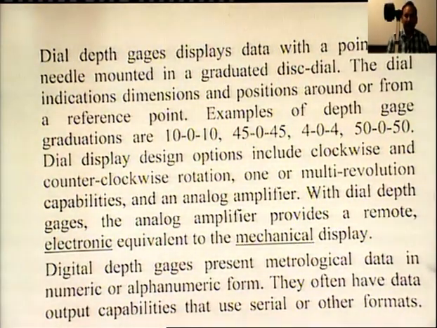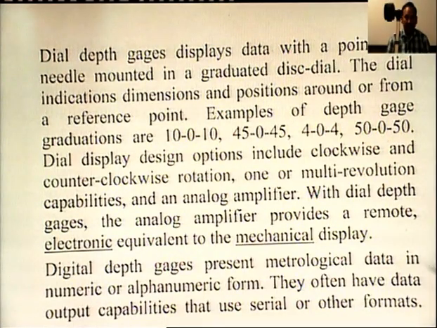Dial depth gauge displays data with a pointer or needle mounted over a graduated disc dial. The dial indicates dimensions and positions around or from a reference point. Examples of depth graduations are 10 0 10, 45 0 45, 4 0 4, 50 0 50.